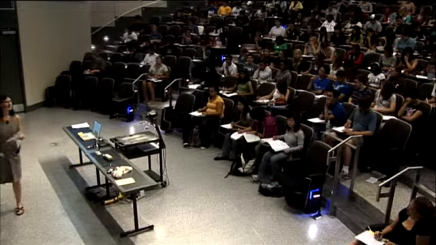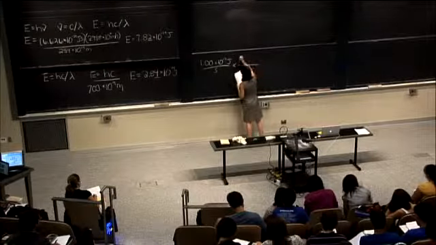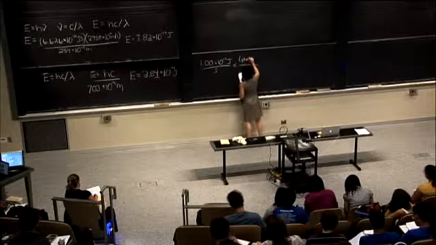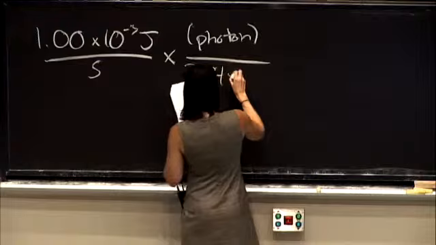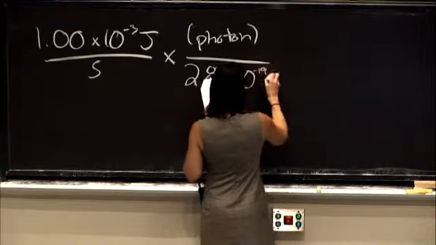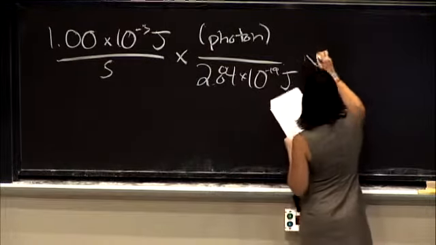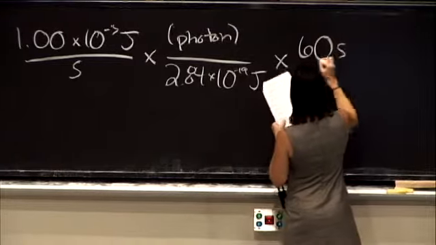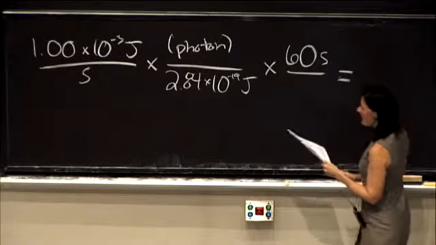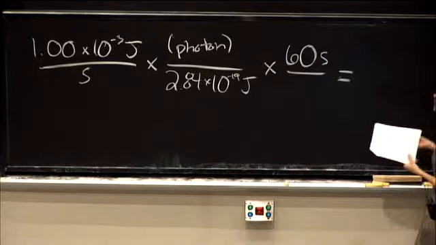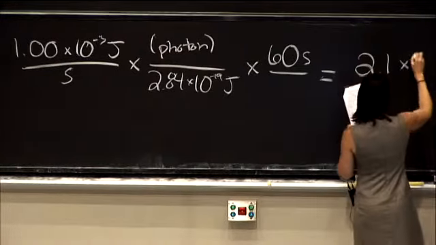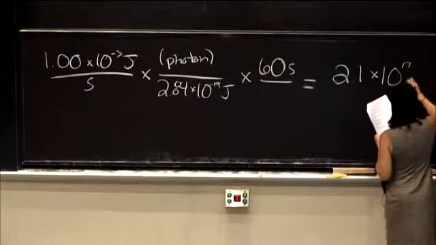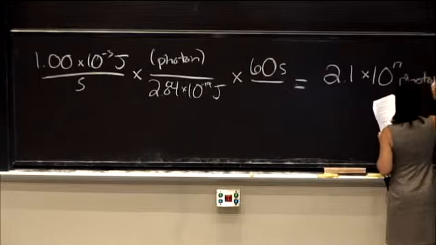Right, so this value right here. So for every photon, we have 2.84 times 10 to the negative 19 joules. We're saying let's do this for 60 seconds. So what we end up with for the number of photons in this laser beam of light is 2.1 times 10 to the 17 photons.